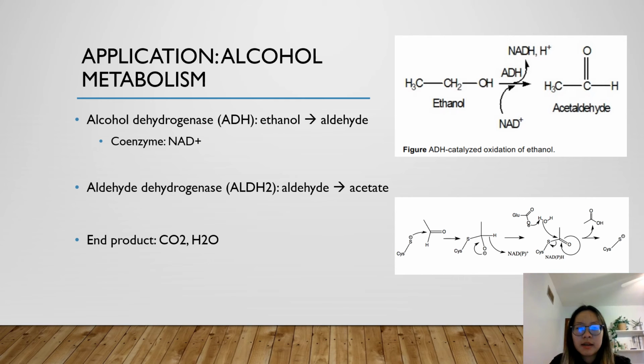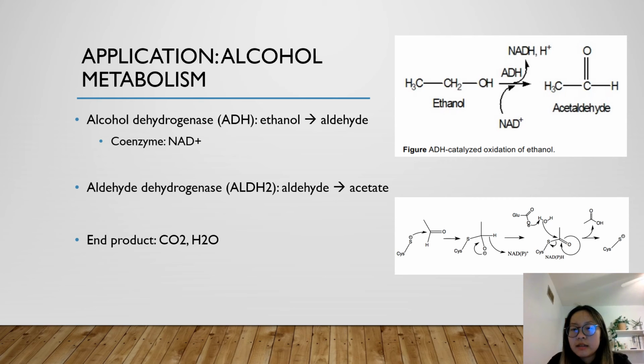And so we see that NAD+ is converted to NADH, which ends up leaving the active site along with the product acetaldehyde, which is very toxic to the human body. So it is quickly converted to acetate, which is less toxic, with aldehyde dehydrogenase.